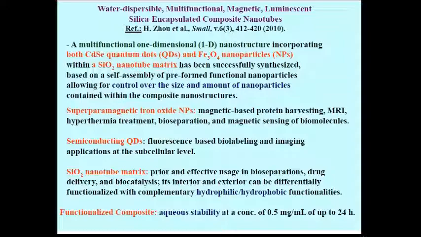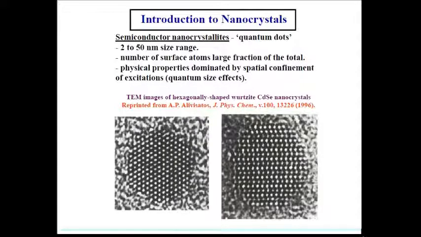So just to give you a reminder of what quantum dots basically are, the reason that quantum dots are interesting is that they have a size range of 2 to 50 nanometers, and essentially the properties of these particular quantum dots are dominated by their size. What this means is that you have a shift to higher energy of the absorbance onset and the emission maximum towards smaller quantum dots.